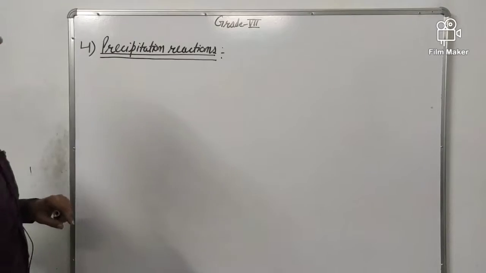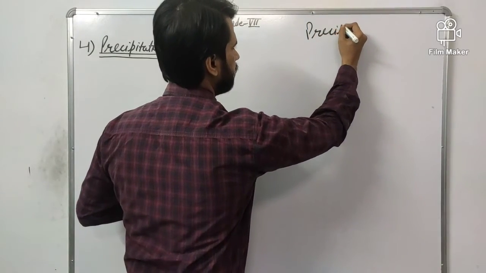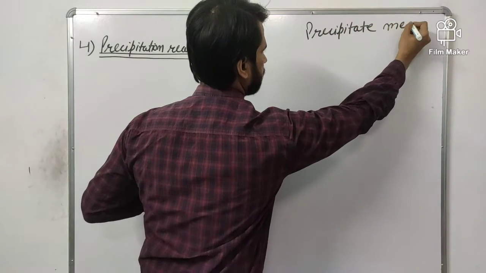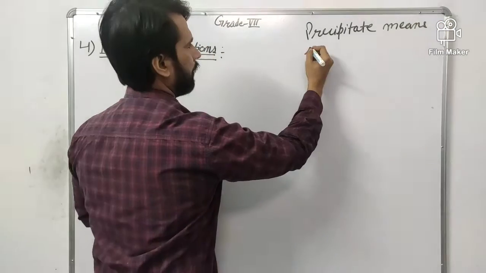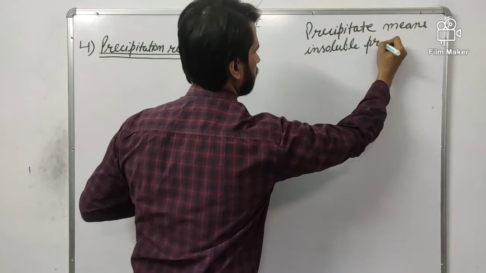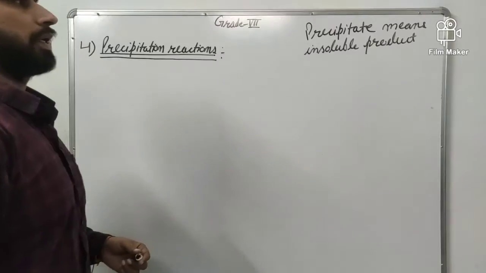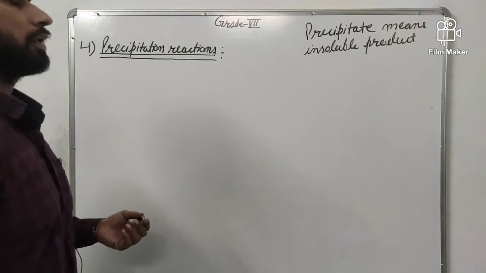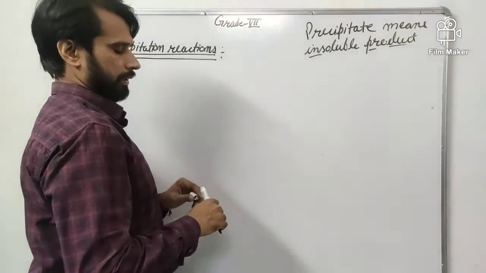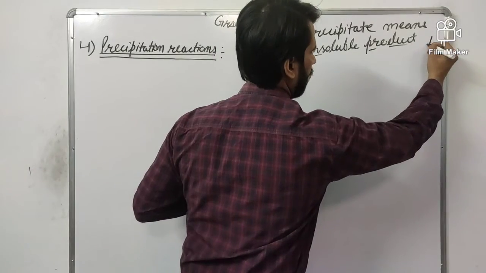Okay, the meaning of the word precipitate: the word precipitate means insoluble product. And these insoluble products are shown by a downward arrow in a chemical reaction.